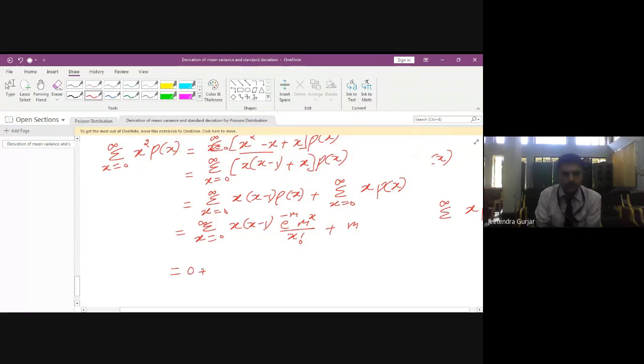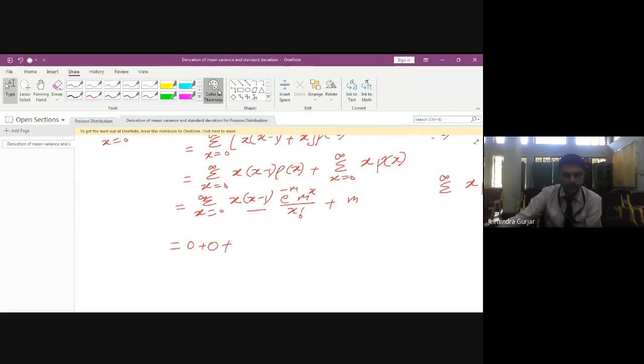Then plus, when you substitute x is equal to 1, 1 minus 1 is also 0 here. Therefore 0 plus. Now remains x is equal to 2. Now substitute 2 wherever x is there. So this will become 2 into, yes, 2 minus 1, which is 1. So please substitute 1 here.